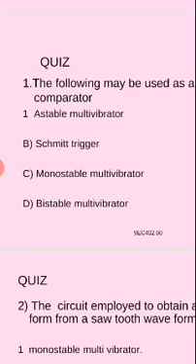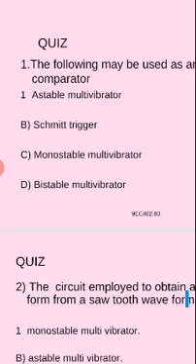Option A, astable multivibrator. Option B, Schmitt trigger. Option C, monostable multivibrator. Option D, bistable multivibrator. For the first question, answer is Schmitt trigger. Option B is the right answer.